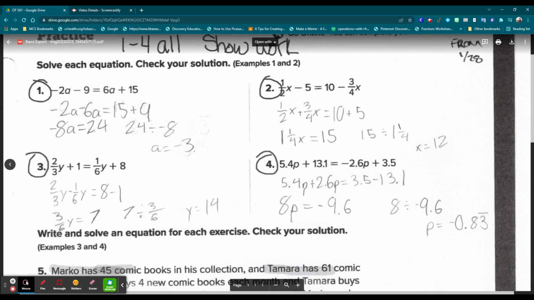Well, the student did not use those properties of equality or did not properly show those properties of equality. So I'm going to provide this person with some feedback to hopefully get them to understand how we need to see it. And then I'm going to give them an opportunity to redo it so that they can prove to me that they know how to do it from now on.